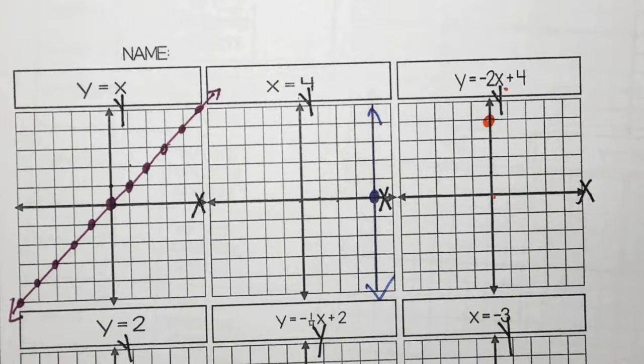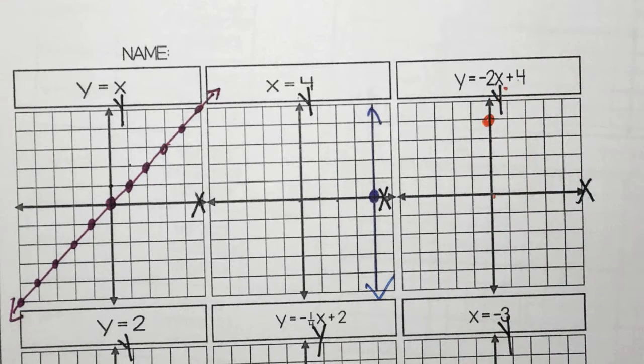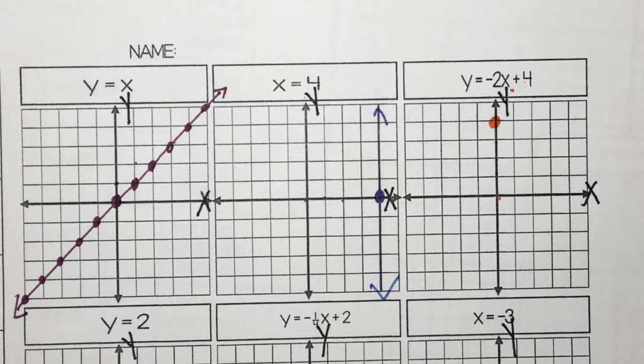Now, Mackenzie, can you tell me what I'm going to do next? We plotted our y-intercept, right? So what do we use from here? Well, remember, slope is rise over run, correct?